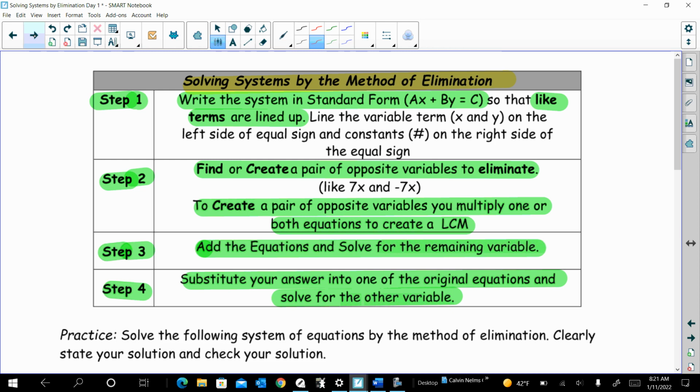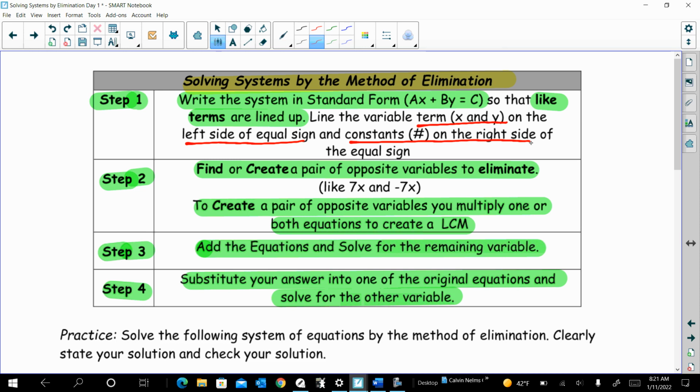Line the variable terms x and y on the left side. So just remember, variables on the left, constants, your numbers, on the right side of the equal sign. So make sure it's lined up. That's first.